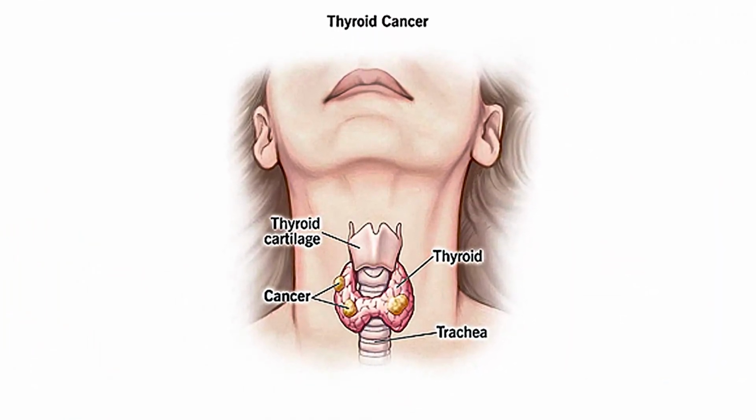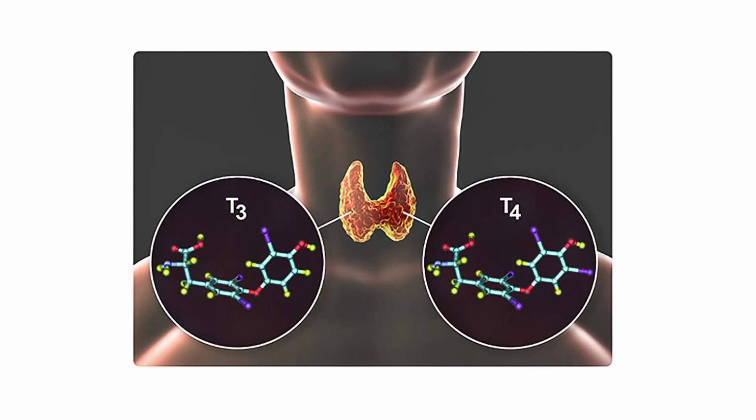It produces thyroxine and triiodothyronine, which play an important role in metabolism, temperature regulation, pulse and heart rate, mood and excitability, and digestion. Thyroid tumor or swelling may be solitary or multiple. It may be cystic or solid.